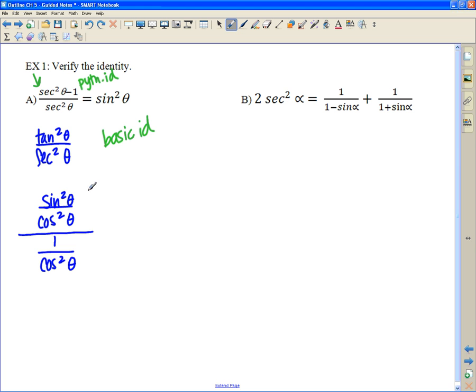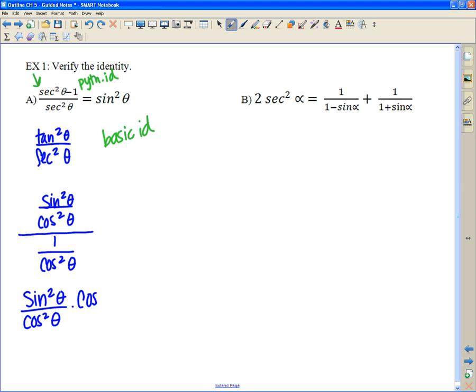It's really important. Now, the next one is up for a little bit of discussion. I know that these cosine squareds are going to go away, and I think that you don't necessarily have to write this line if you know that also. However, I need to show my work for those of you that don't see this as blatantly as I do. Sine squared divided by cosine squared. Dividing by fractions is easy as pie.